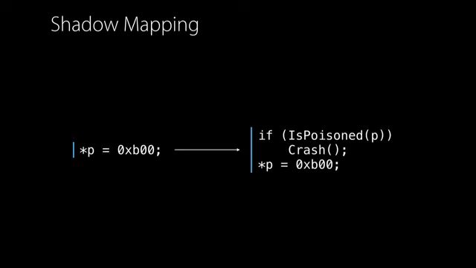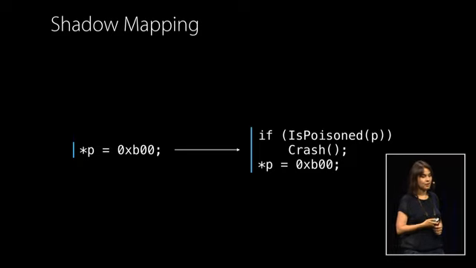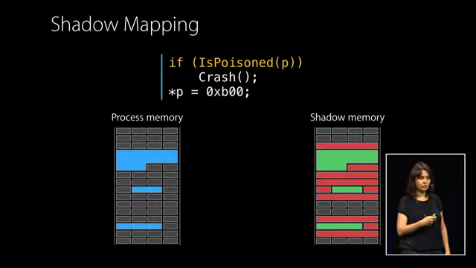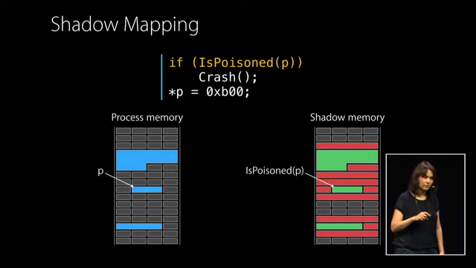When you compile your program with Address Sanitizer, it instruments every memory access and prefixes it with a check. If the memory is poisoned, Address Sanitizer will trap the program and generate a diagnostics report. Otherwise, it will allow you to continue. Let's take a closer look. Assume p is a pointer. Then the isPoisoned function checks the relevant byte in the shadow memory.